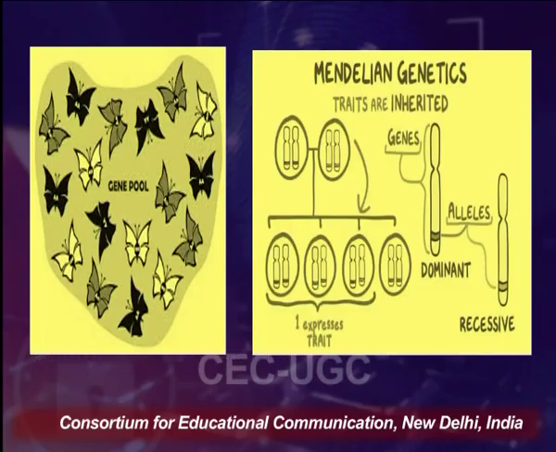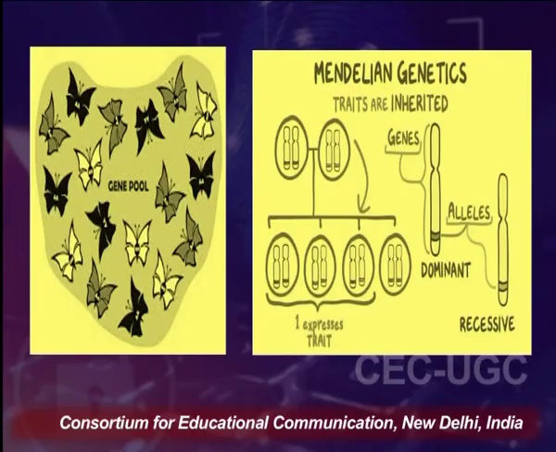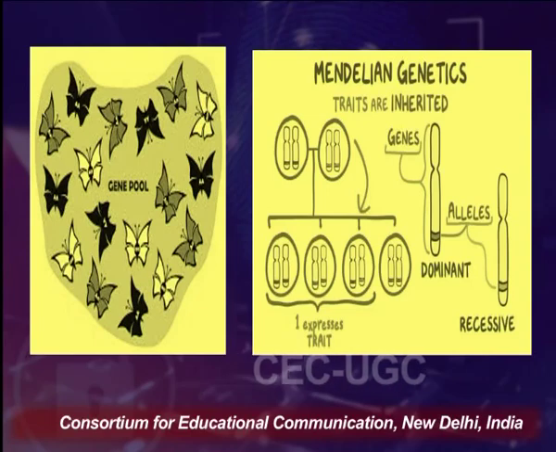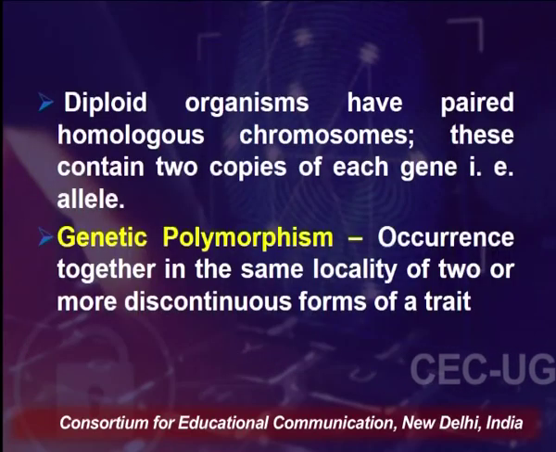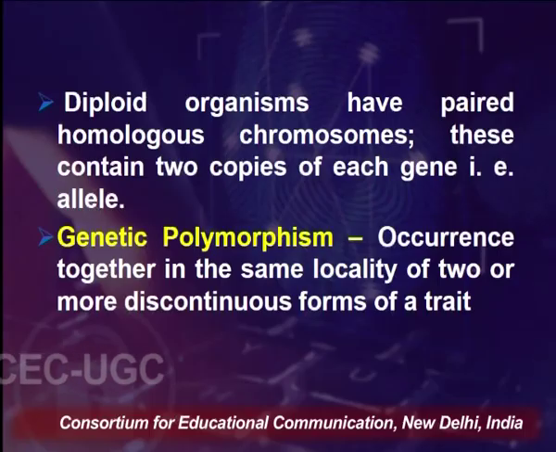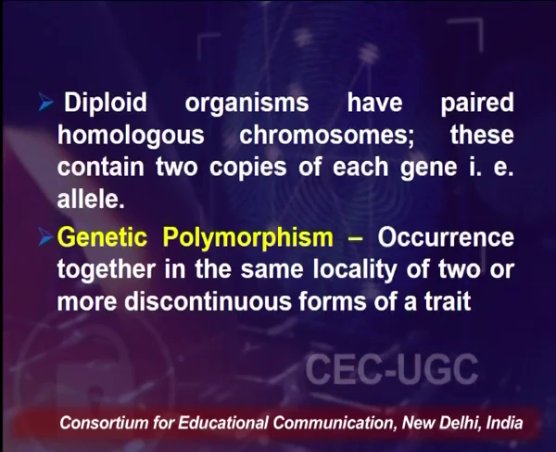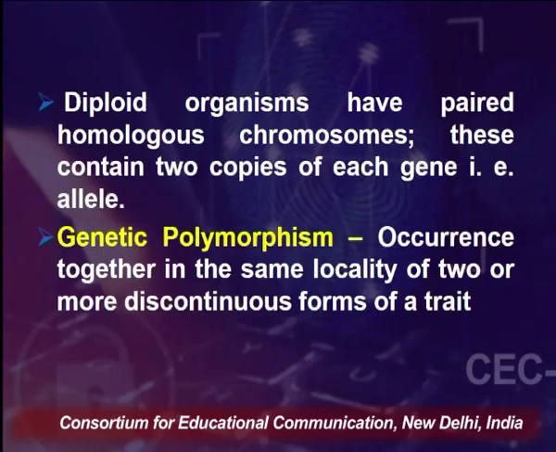That is along the same lines, that certain traits which are inherited according to Mendelian genetics might be transferred to certain children and might not be to other children. We humans, being diploid organisms, have paired homologous chromosomes. That means we contain two copies of each gene, which we call alleles.